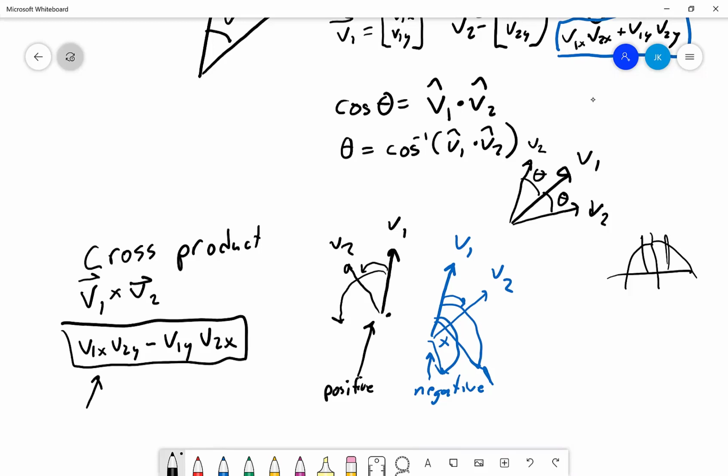If it's positive, I'm making a left-hand turn. So left turn is positive, and a right turn means negative. Those are equivalent ideas. And if it's 0, it means they're either both in the same direction or both in opposite directions.